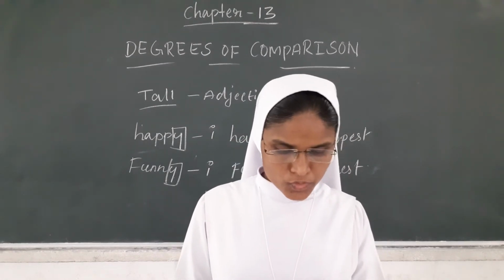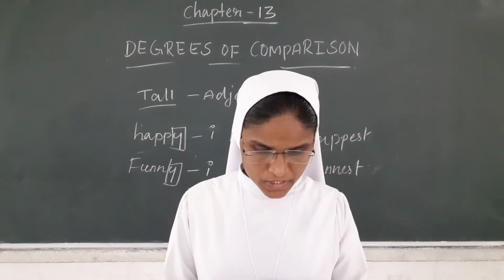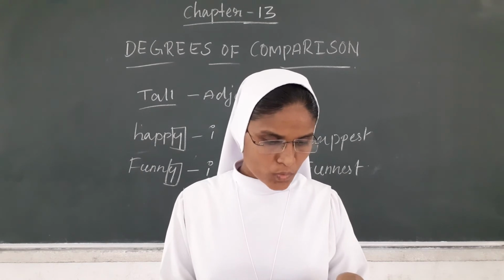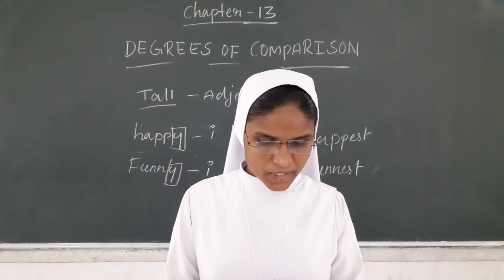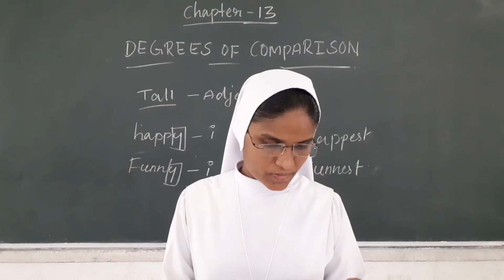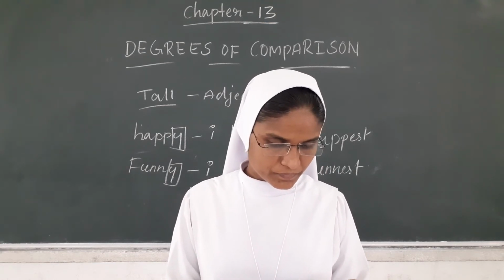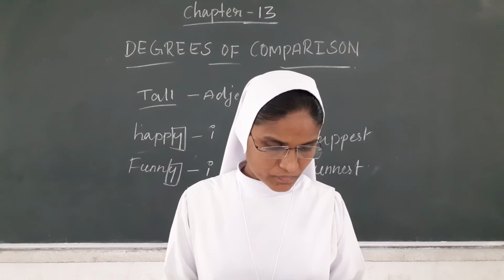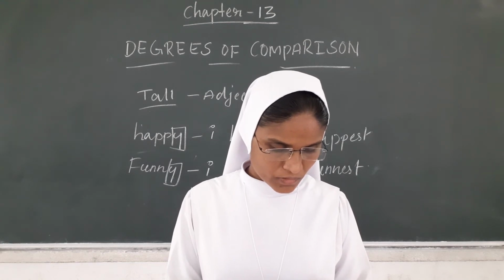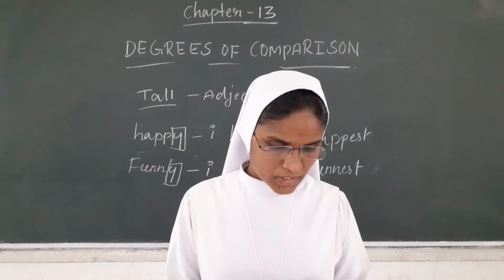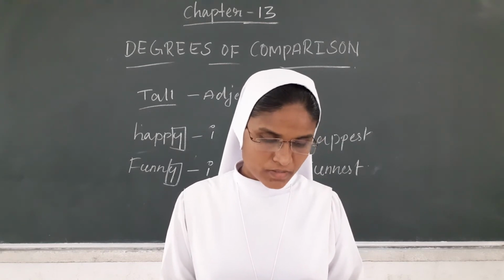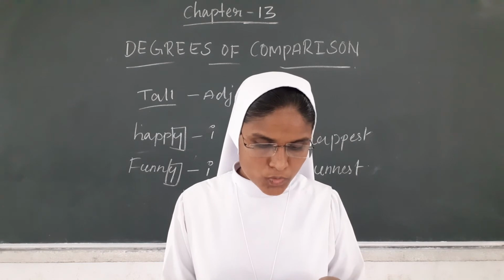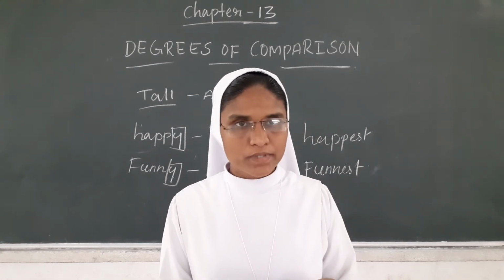Adjectives which have two or more than two syllables, we use more and most to make the comparative and superlative degrees. Interesting. So adjectives which have two or more than two syllables.